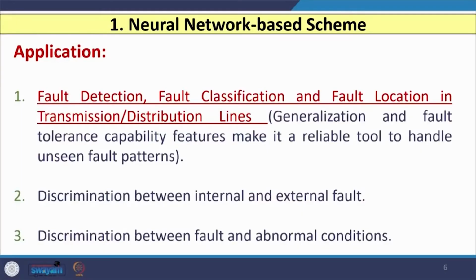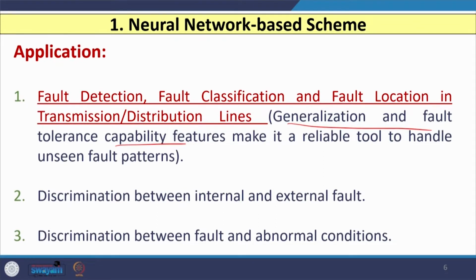Let us consider first the neural network based scheme. If I consider the application of neural network based schemes, they can be easily applied for detection of fault, classification of fault, or maybe location of fault in transmission and distribution lines. Why is it used? Because the neural network has features known as generalization and fault tolerant capability.